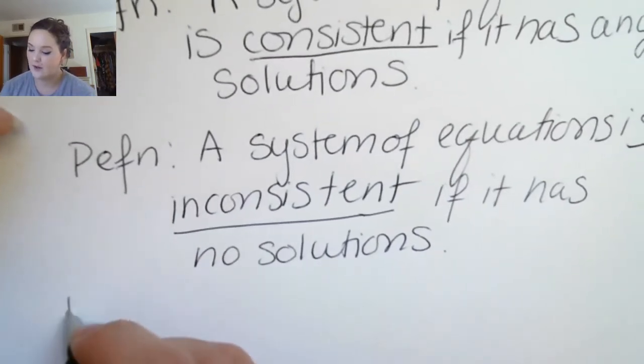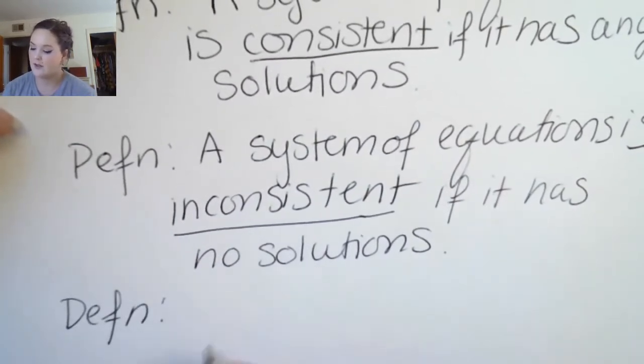Either it has solutions, it's consistent, or there's no solutions, it's inconsistent. Okay, so the other ones that we're going to talk about are independent and dependent.